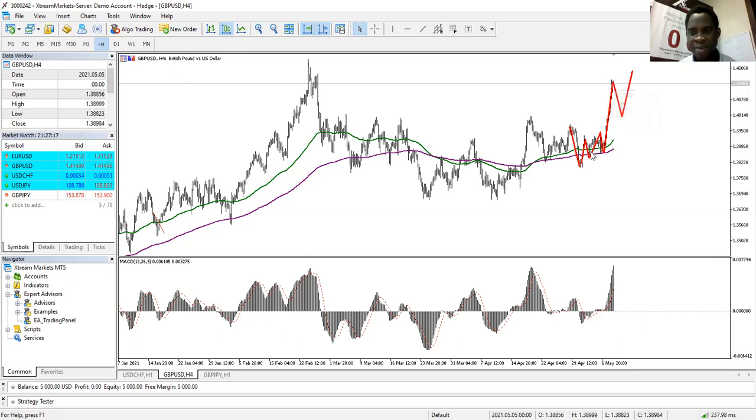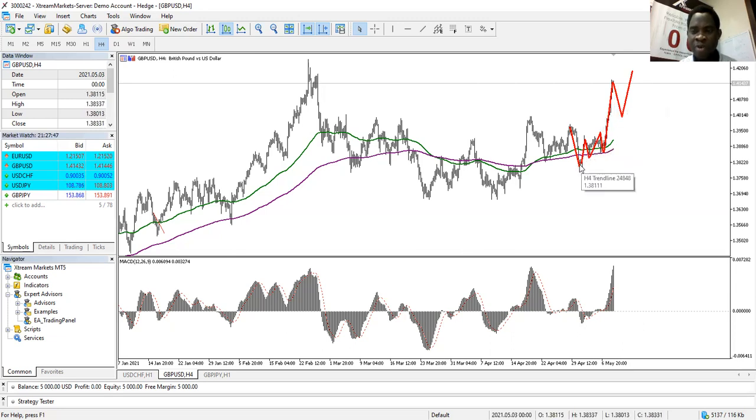So if we are to number it, let's say H1, H2, H3, H4. That means H2 is higher than H1, H3 is higher than H2, H4 is higher than H3. So that is the higher highs.